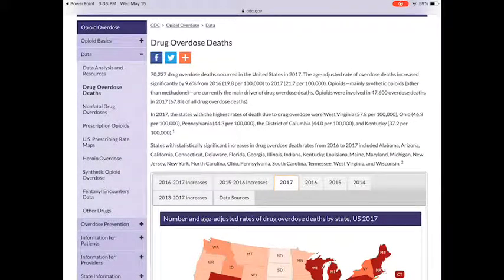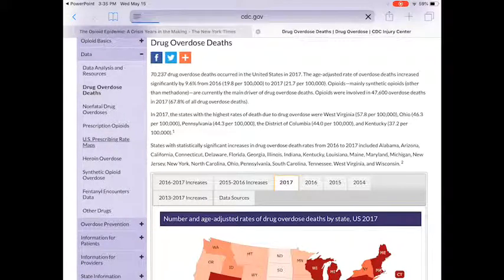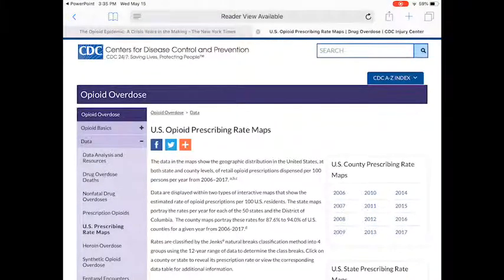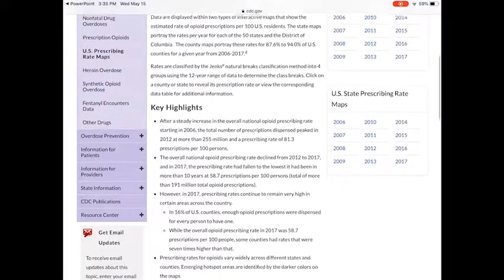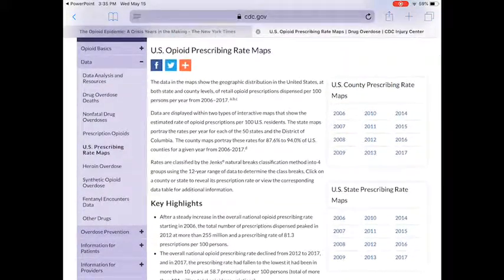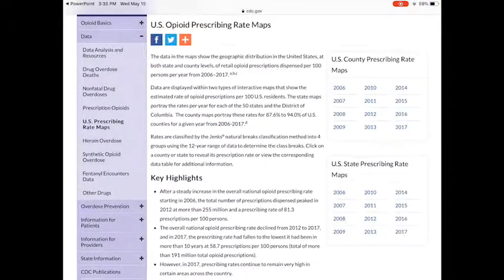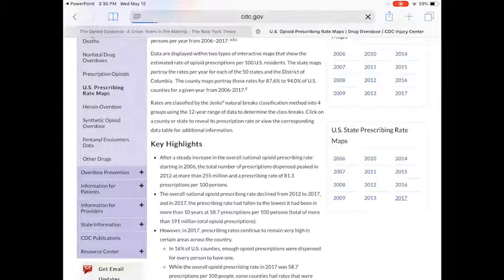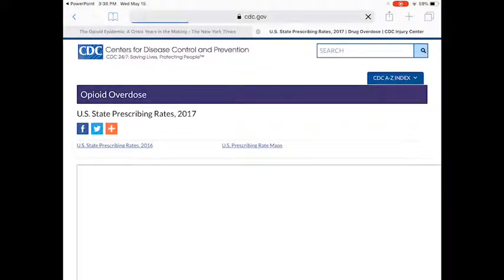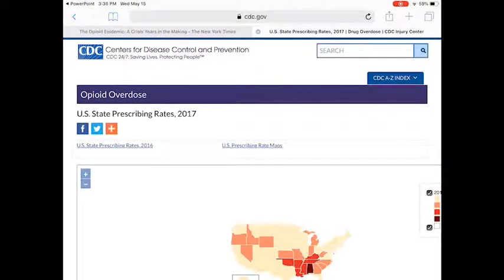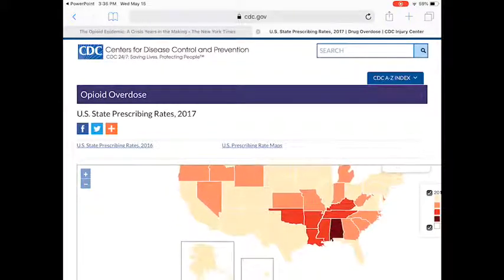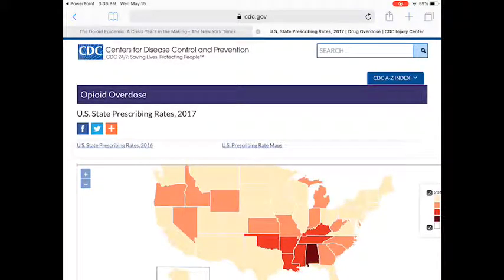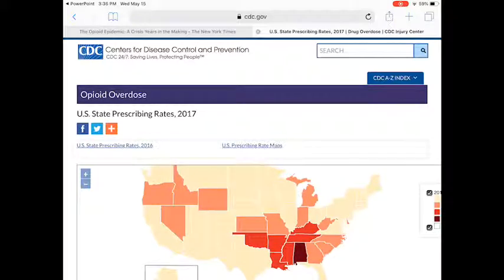But what I think is also interesting is if you look over here on the left, I'm going to go to the U.S. prescribing rate maps. This is really interesting because how much of it perhaps is connected to actual prescriptions, legal prescriptions of opioids. And if I look at the most recent U.S. state prescribing maps for 2017, pull this up here a little bigger, where are we seeing the most prescribing?